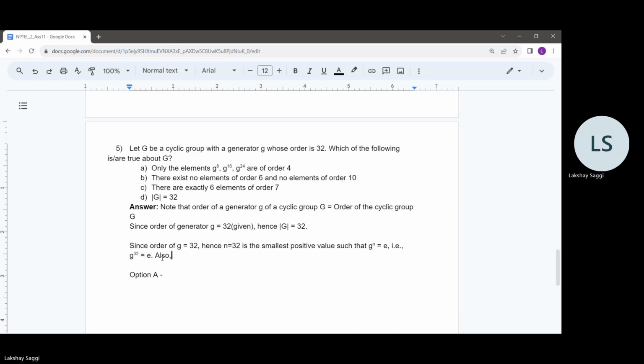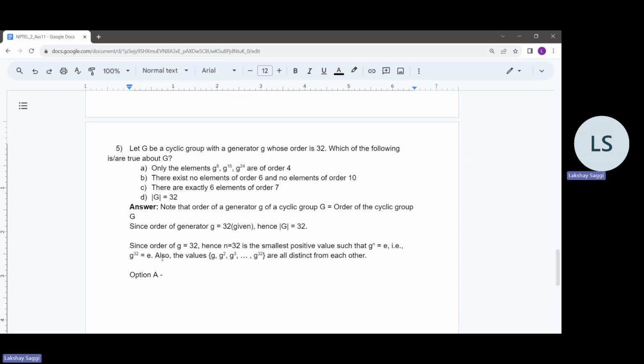Also, the values g, g square, g cube, till g to the power 32 are all distinct from each other.